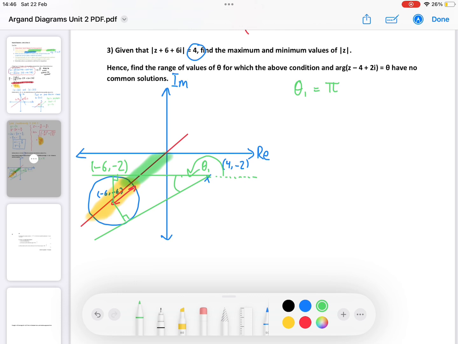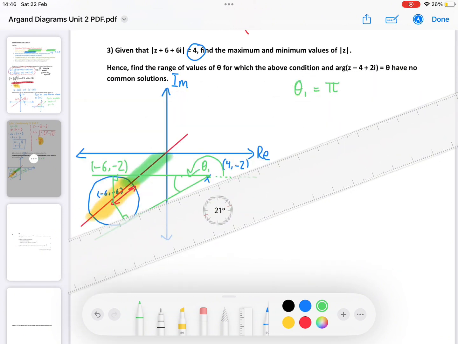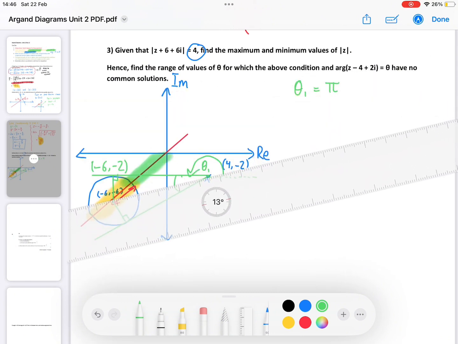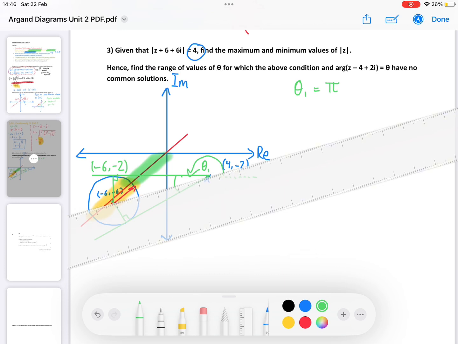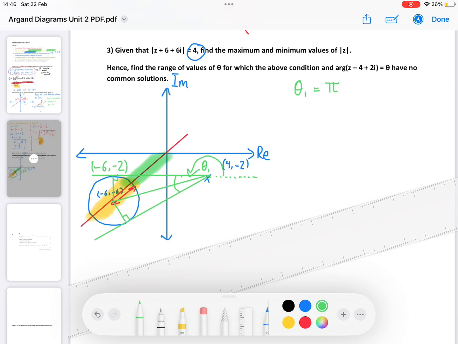And for the other angle, we need to work out this angle here, which I'll label, I'm going to actually split this into 2 down here to make it easier to see what we're working with. So like that. And each of these angles is going to be alpha over 2.